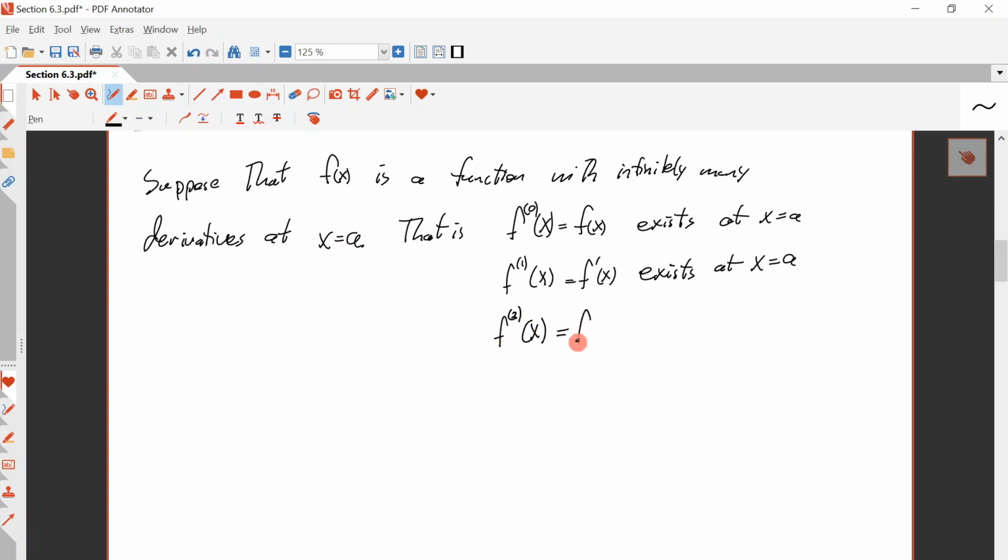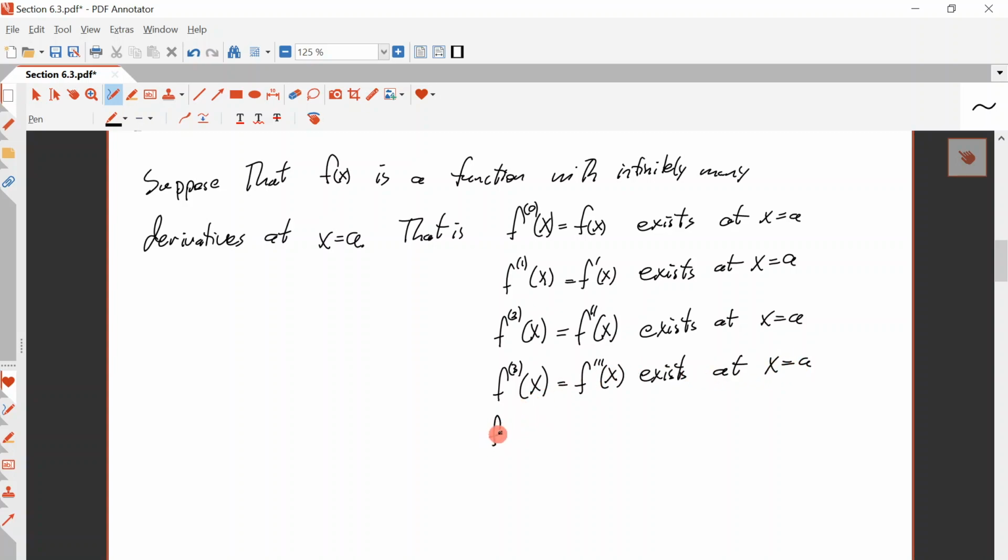The second derivative, f double prime, exists at x equal to a. Third derivative exists at x equal to a, right?